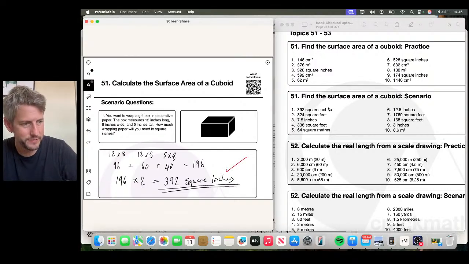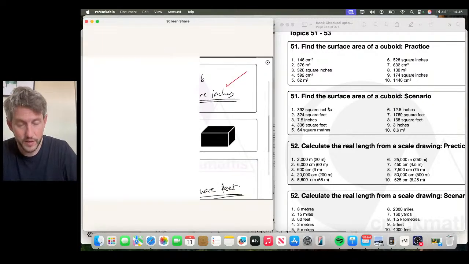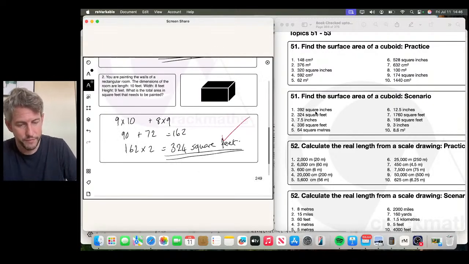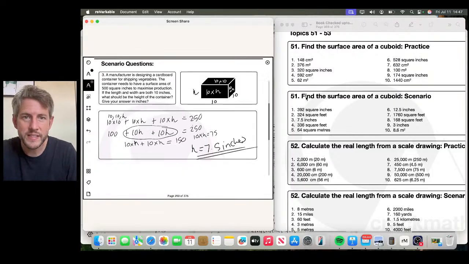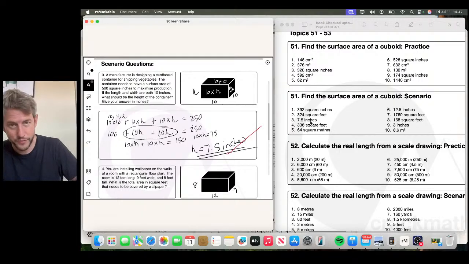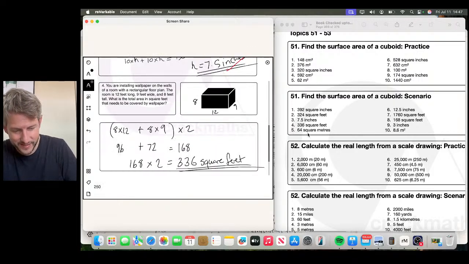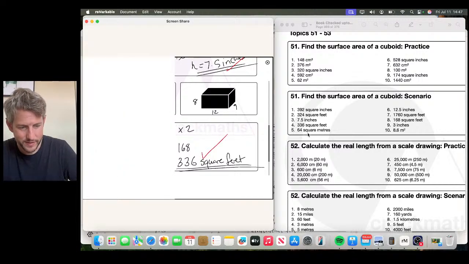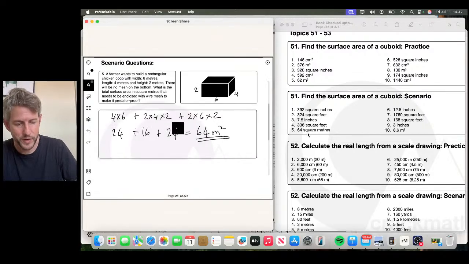That's perfect. Question 2 is 324 square feet. Question 3 is 7.5 inches. Wonderful. Question 4, yes, excellent. It's all correct. And then question 5 is 64 meters squared.